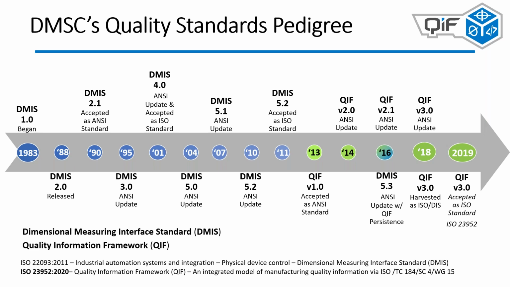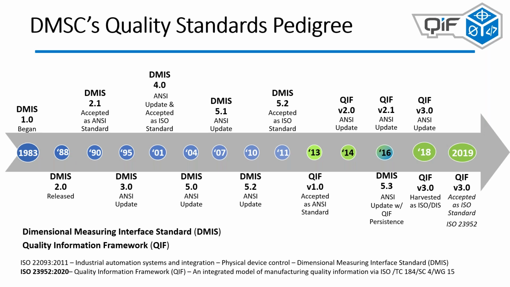Then at DMIS 4.0, we felt like it should be an ISO standard. So in 2001, the ANSI DMIS standard 4.0 became an ISO standard. Then you can see that we've provided updates to the DMIS standard, and then notice in 2013, the first QIF 1.0 became accepted as an ANSI standard.